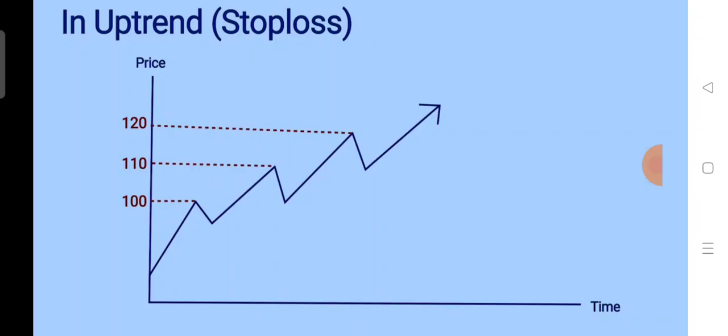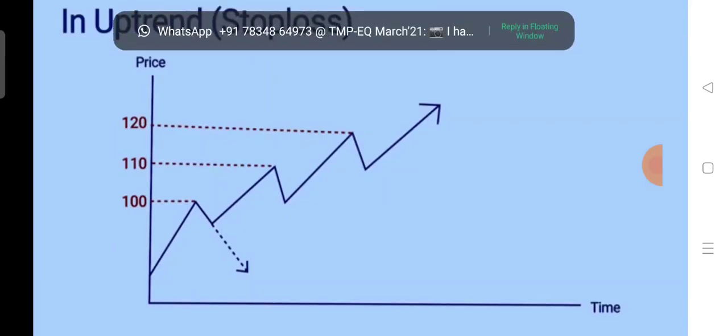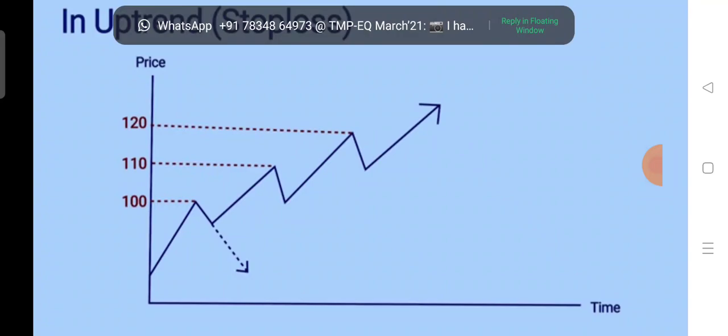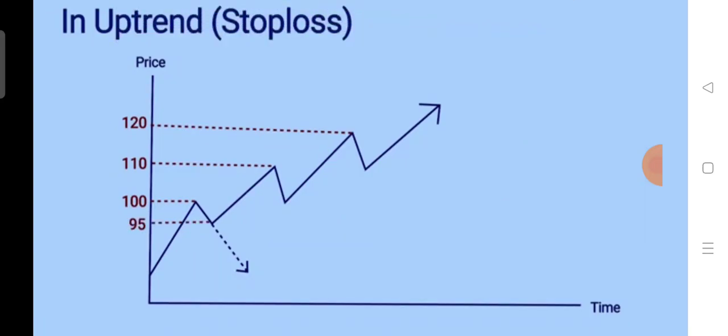But the market can actually go lower. So for a 10 or 20 rupees price profit, you should have a defined stop loss. That means where you will exit your position and book losses. So suppose you entered at 100 and the price moves below to 95. You may choose to cut your position at 95.